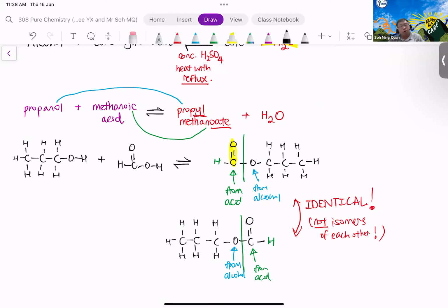You will realize the molecular formula has 4 carbons in total. How many hydrogens does it have? 8. How many oxygens does it have? 2. So the molecular formula of propyl methanoate is C4H8O2.